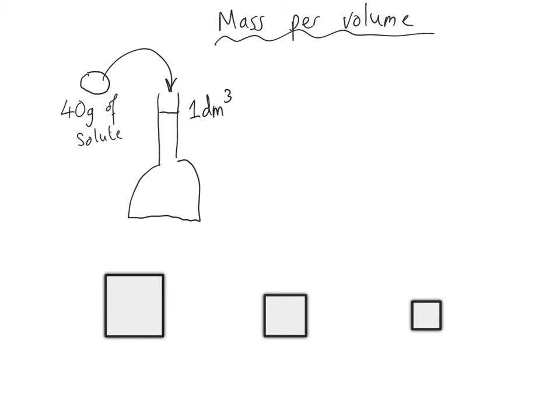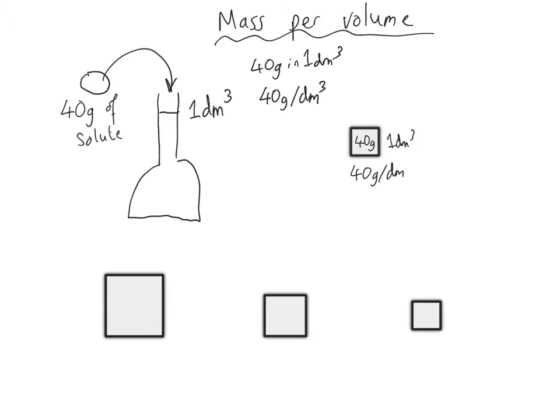And so what we've got is 40 grams in 1 decimeter cubed. We would say the concentration of the solution that we have made is 40 grams per decimeter cubed. If we were to represent that with just a space occupying, we could say that we have got 40 grams in that volume, and if that volume was 1 decimeter cubed, we can say we've got 40 grams per decimeter cubed.